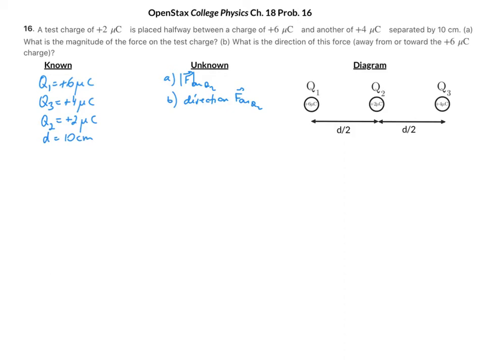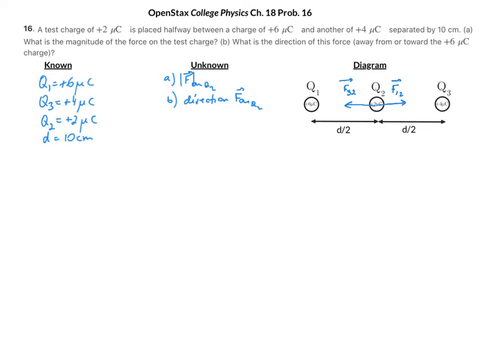So then we have a force, I'm going to call that F of 1 on 2, the force due to charge 1 on charge 2, and another force, which I'm going to call the force due to charge 3 onto charge 2, and they are in opposite directions.